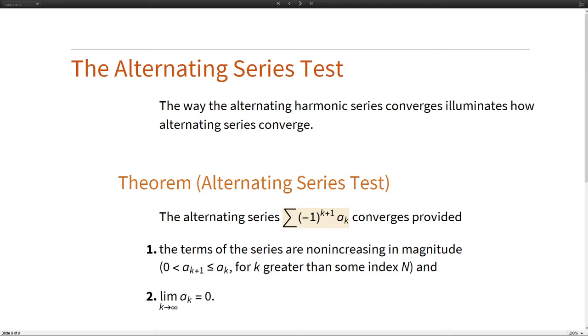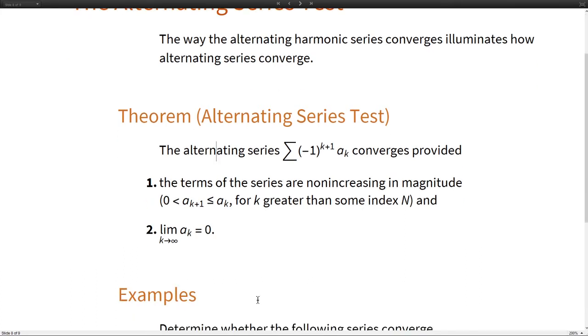This kind of a series, it's actually somewhat easy to check if these converge. Remember before that for a series, if the limit of the terms went to 0, that didn't mean anything about its convergence or divergence. That's a little bit different for the alternating series. So this alternating series will converge provided two facts.